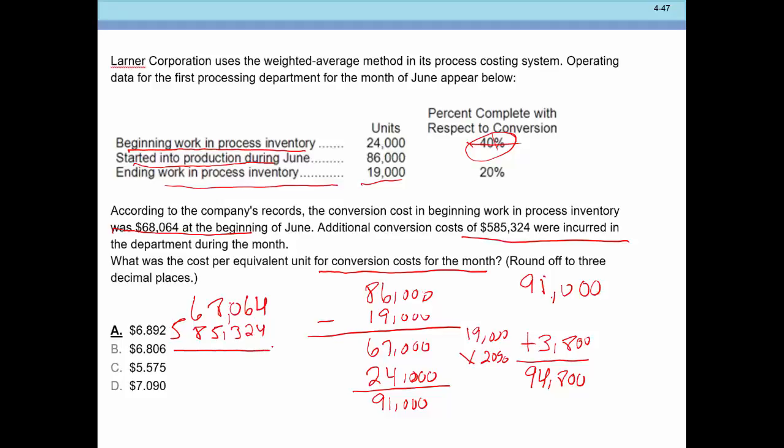And when we add those two numbers together, we get 653,388. Right? What do you want me to do with that number? Good. Divide it by the equivalent units.